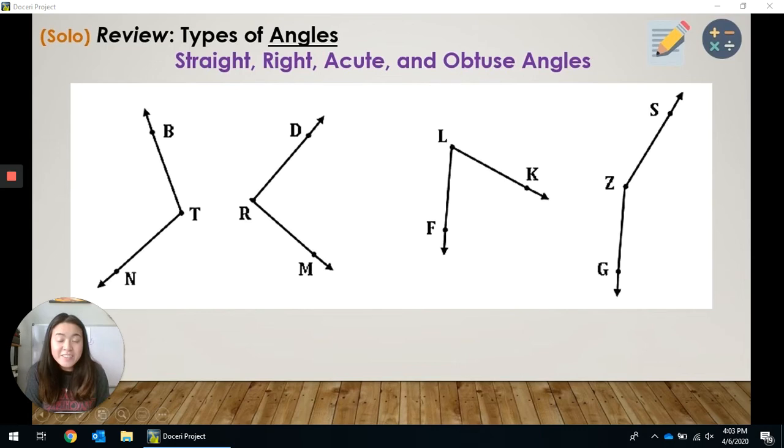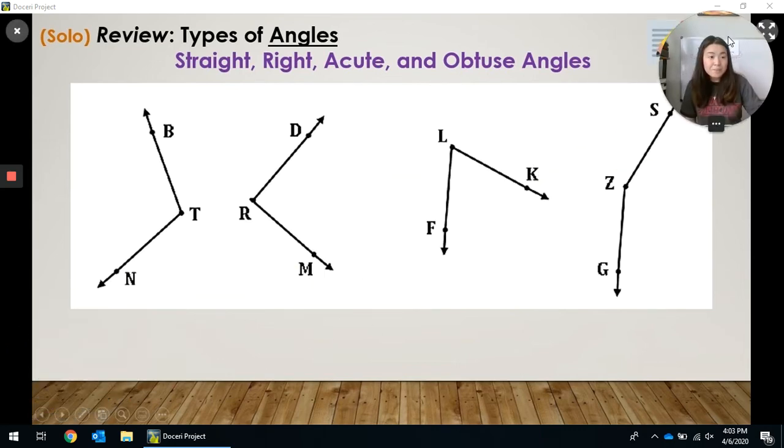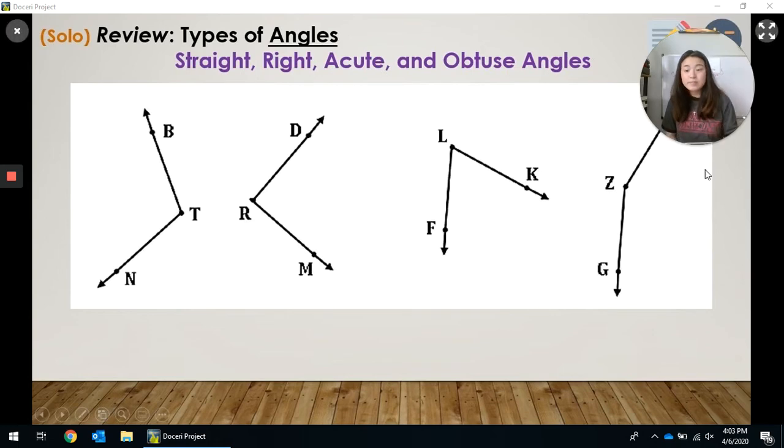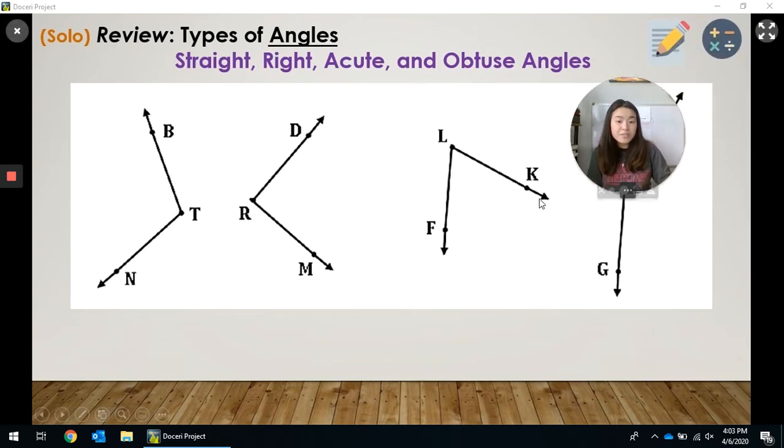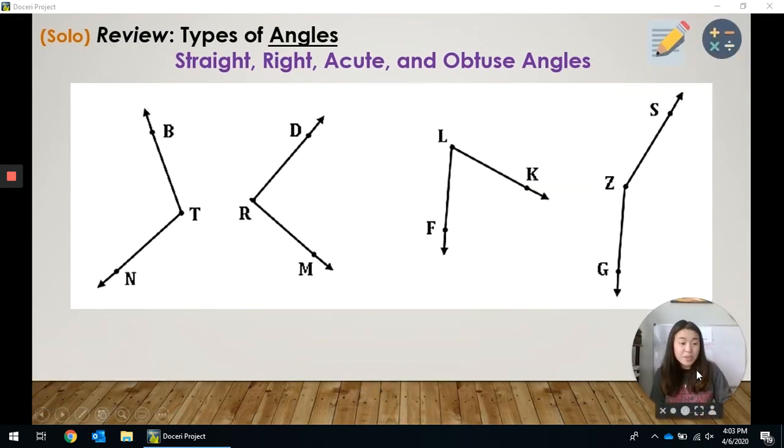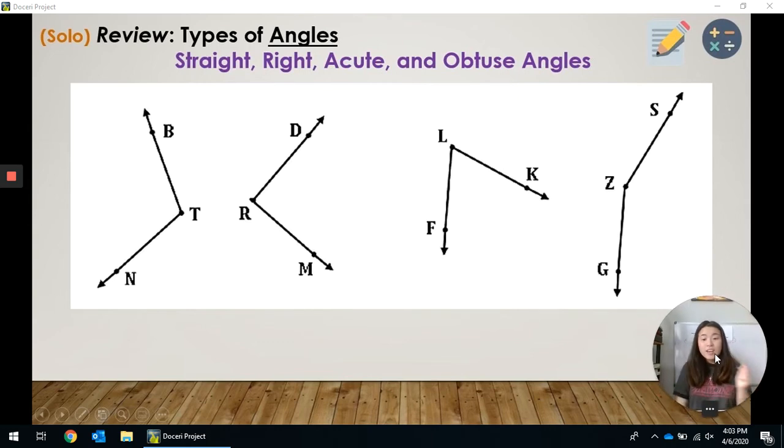Okay, are you done? Here we go. Let's go over it. I'm going to move my stuff to the top for now. Actually, now I'm covering the other one. Where do I go? I'll go over here. Okay, so let's start with angle NTB. If I have my right angle, I'm going to use a little note card for this part. It would go from the bottom line all the way to here.